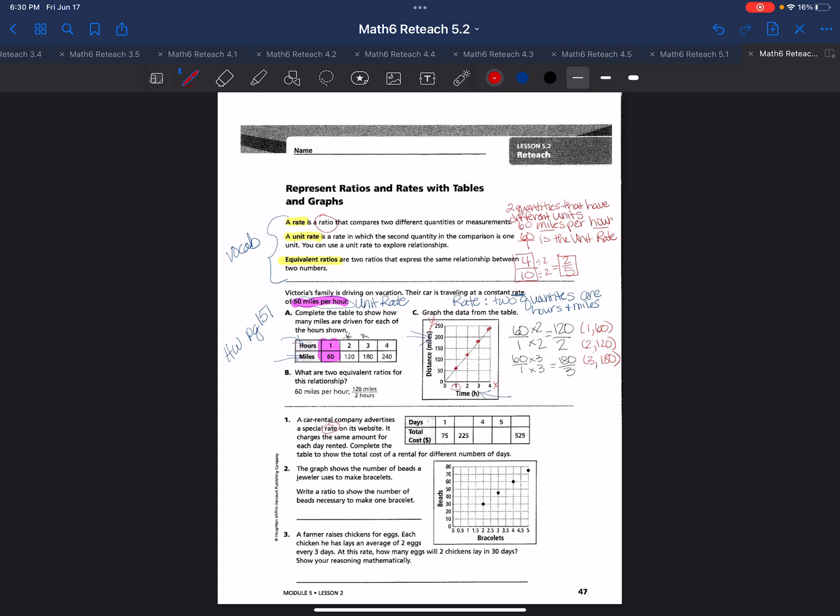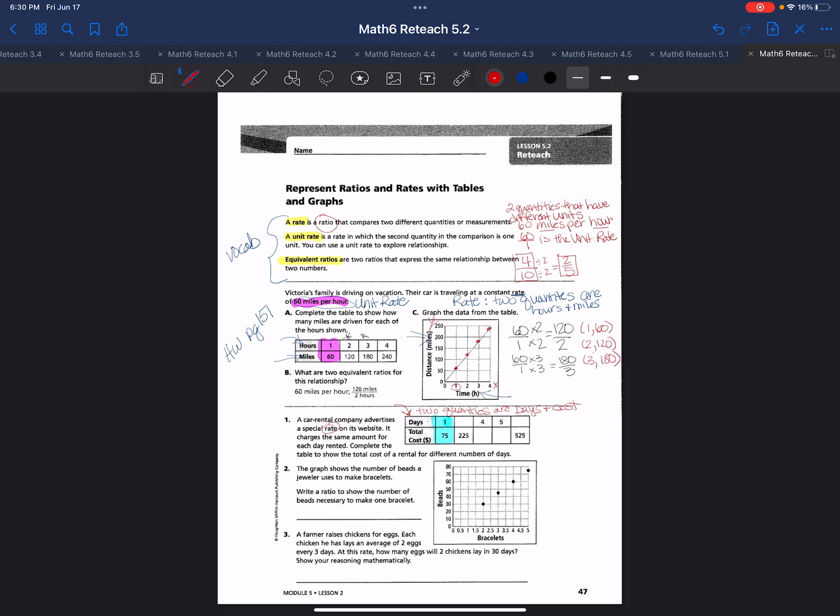So here are my 2 quantities, and my 2 quantities in this problem are days and cost. Here it has given me the unit rate for 1 day.